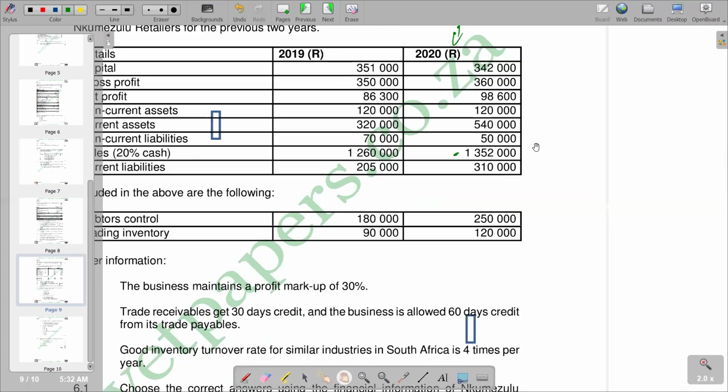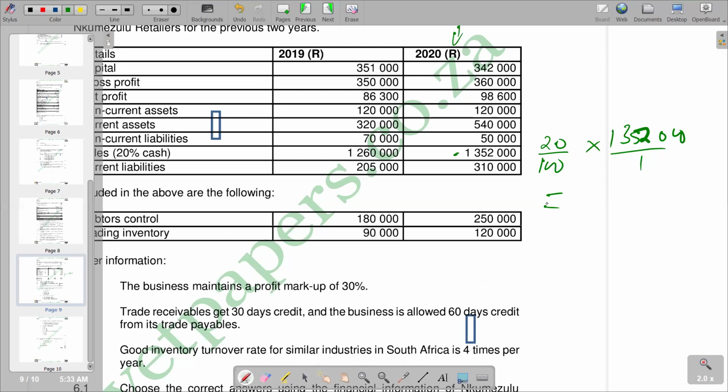So we are saying 20 over 100, and then we multiply by 1,352,000 over 1. Let's calculate that and see what we get. 20% as a decimal becomes 0.2, and then we multiply by 1,352,000.